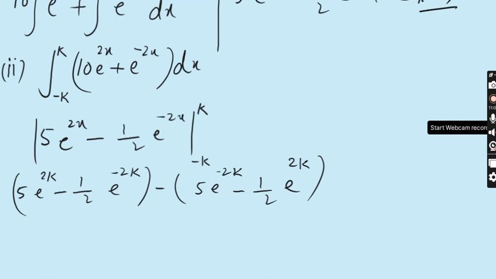So student, 5e^(2k) minus 1 upon 2e^(2k) minus 5e^(-2k) minus 1 upon 2e^(-2k) is our final answer. This is the requirement of part 2.